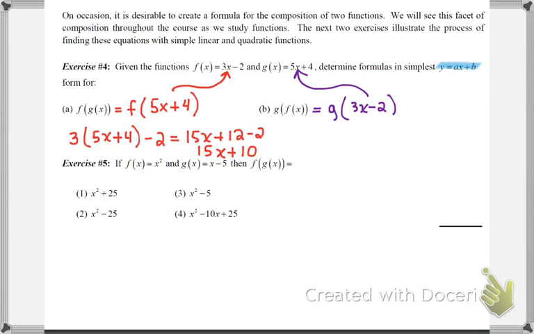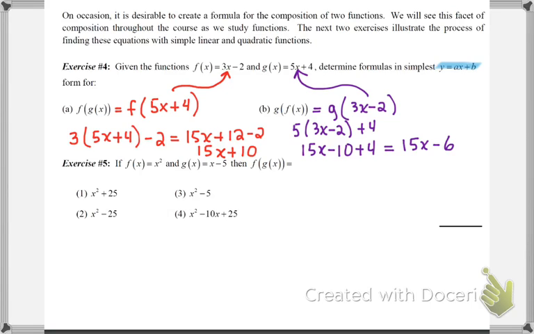So it's going to be 5 times 3x minus 2 plus 4. So it's 15x minus 10 plus 4. And that simplifies to 15x minus 6.